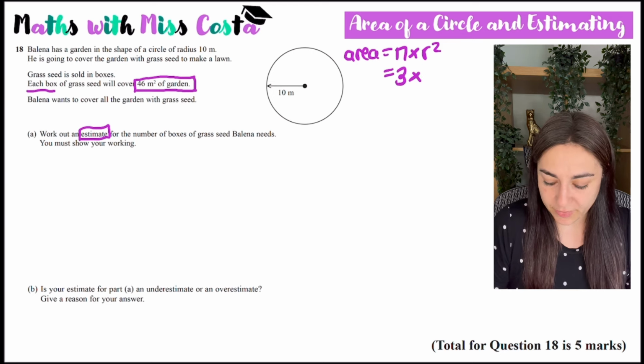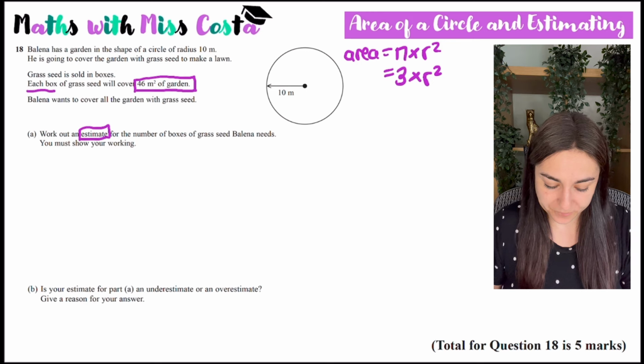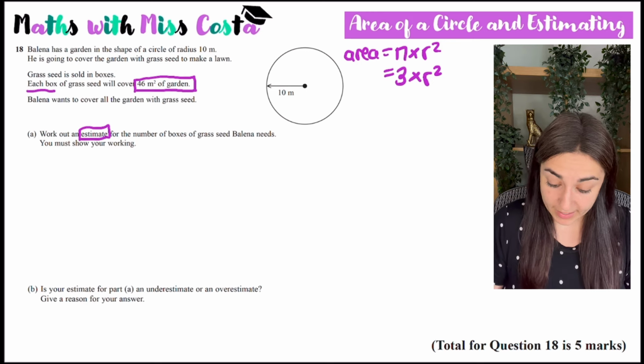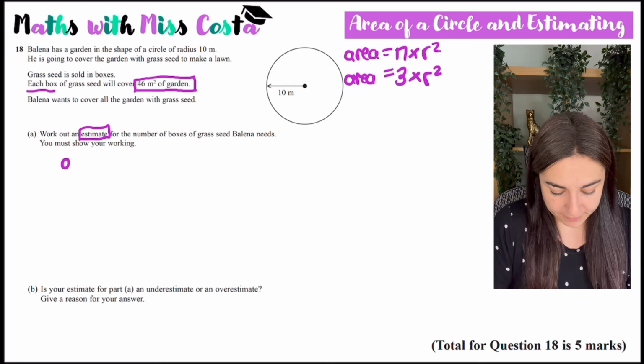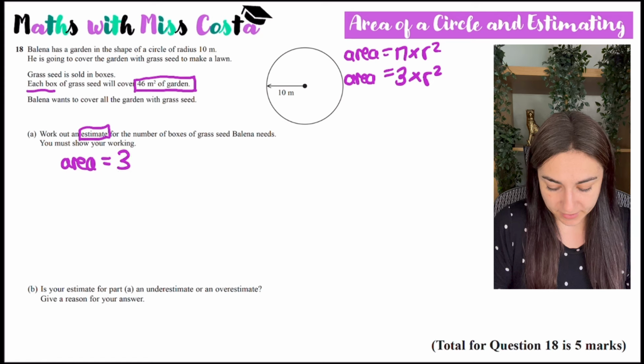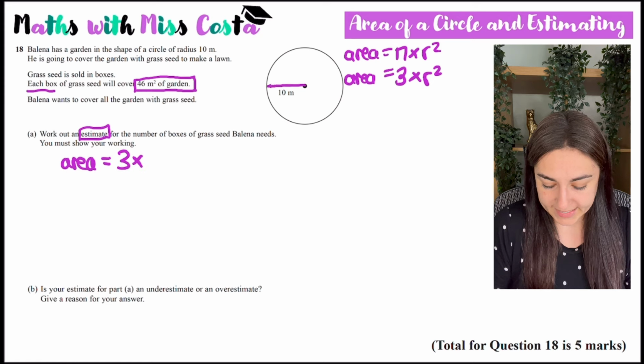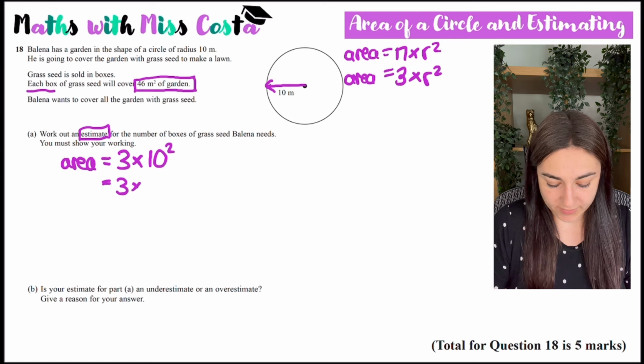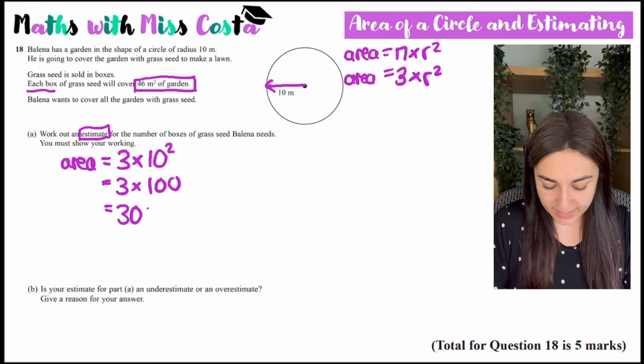So that would be 3 times by radius squared. So I know that the area of this garden is going to be 3 times by the radius, which is 10, so 3 times by 10 squared, which 10 squared is 10 times 10, which is 100. So therefore the area of the garden is roughly 300 meters squared.